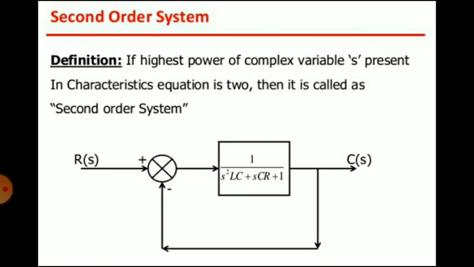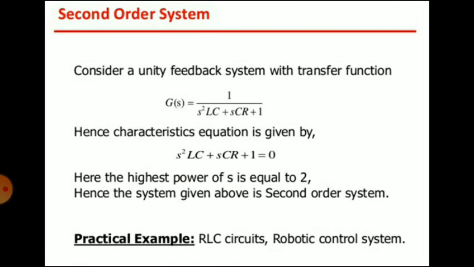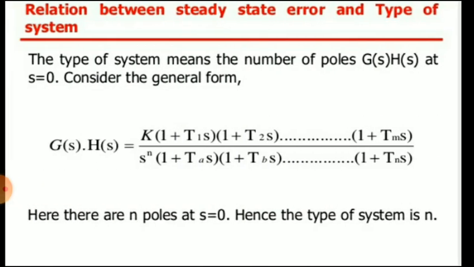And second order system: the transfer function is given. When the highest power is 2, it is called a second order system. The characteristic equation is given by s^2 LC + sCR + 1 = 0. The highest power of s is 2, so it is a second order system. Examples are RLC circuits and robotic control systems.